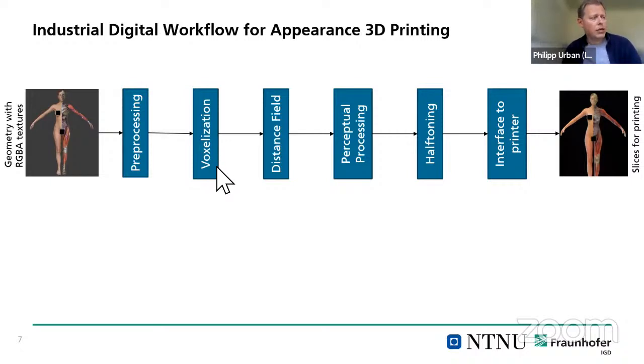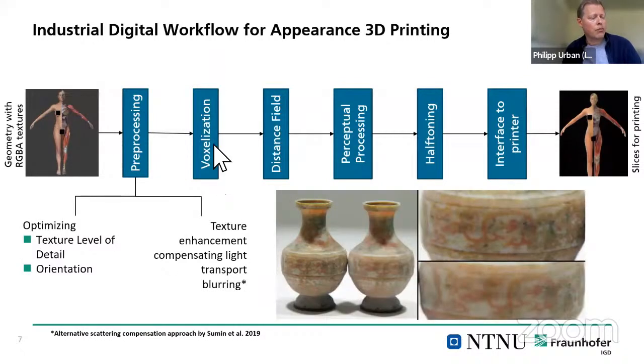So we start typically with a pre-processing step where the object is placed into the build space. There's a texture sampling adapted to the size of the object, for example using mip mapping, in order to minimize moire artifacts. The object is oriented in build space to minimize printing time. And then also texture is enhanced in order to compensate for light transport blurring.